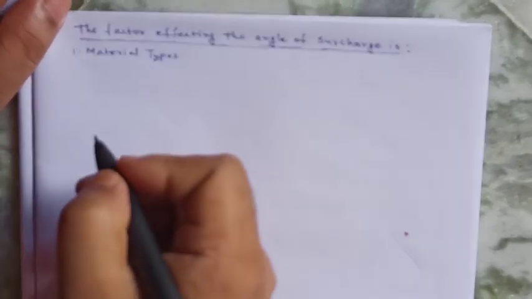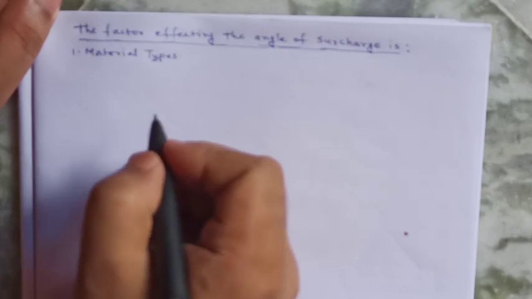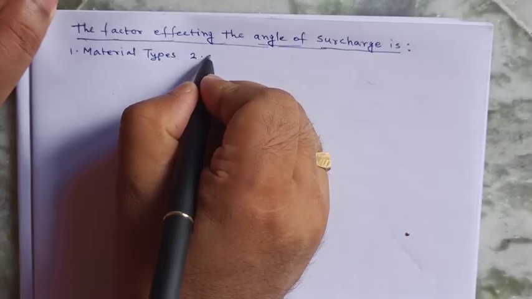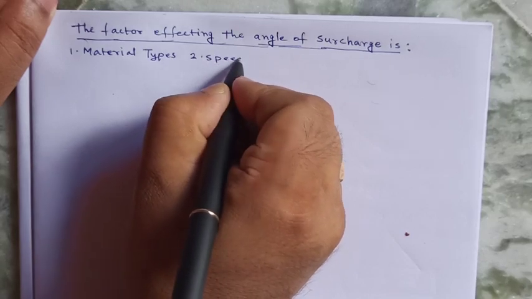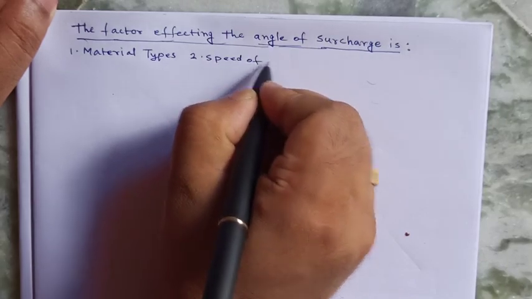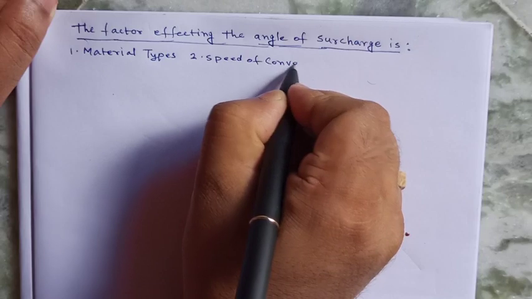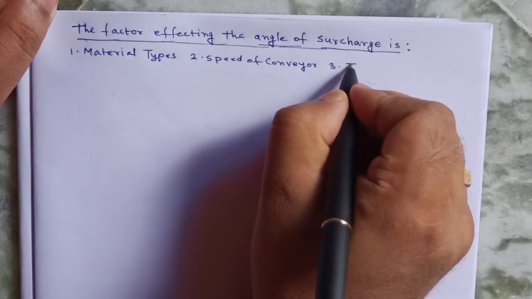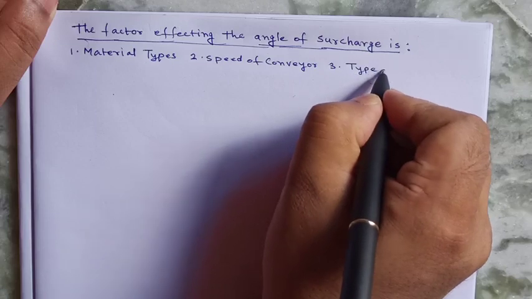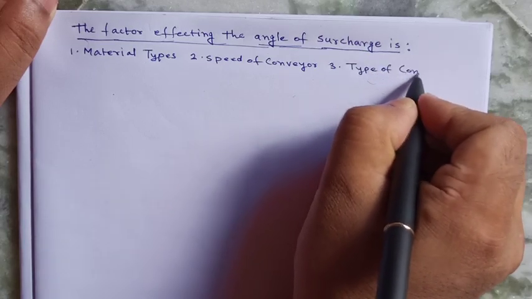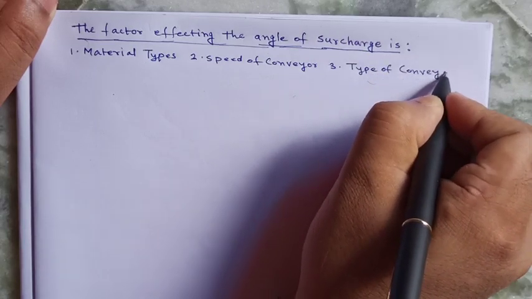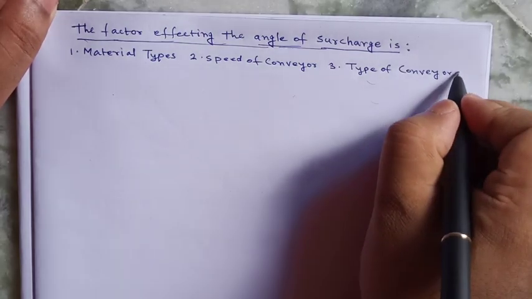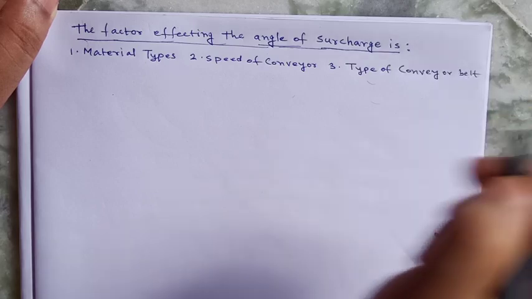Which types of materials we are providing to this belt? Second, speed of conveyor. Third is the type of conveyor. Which type of conveyor belt we are using?